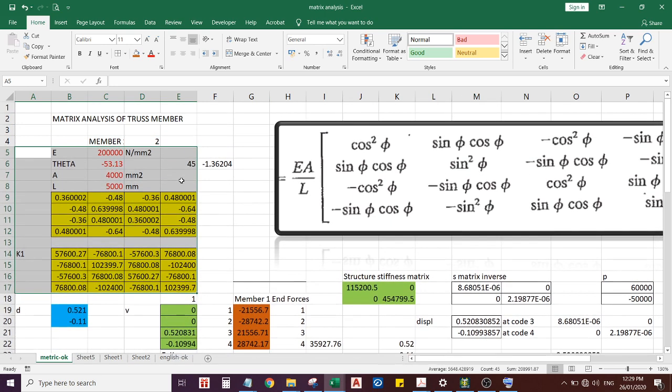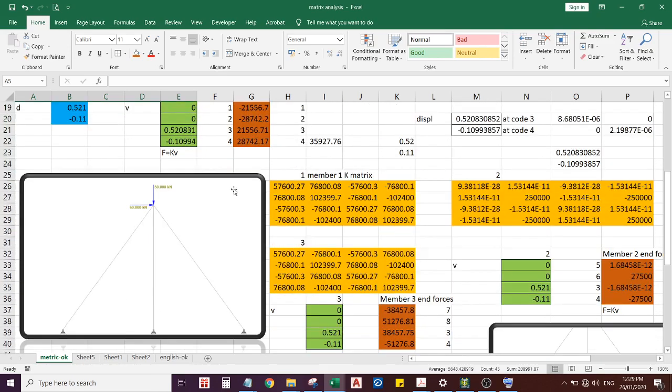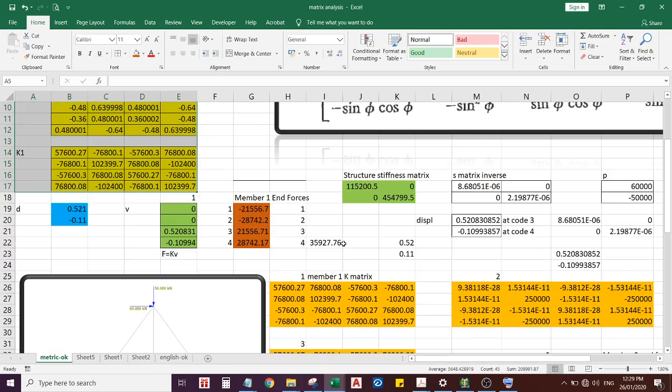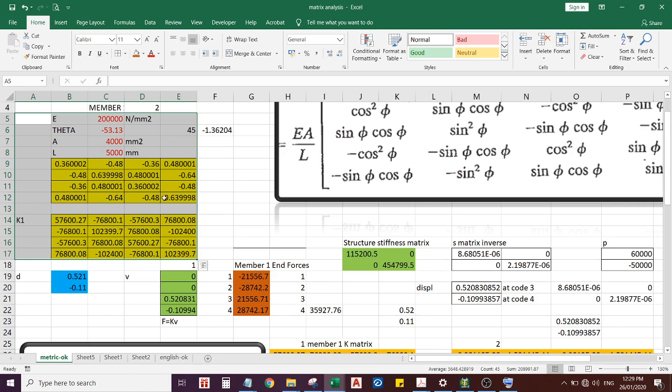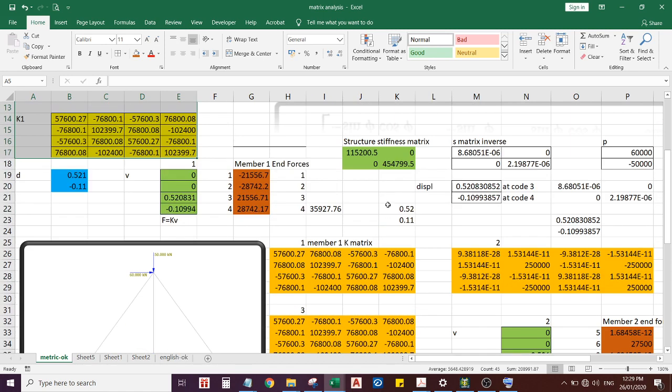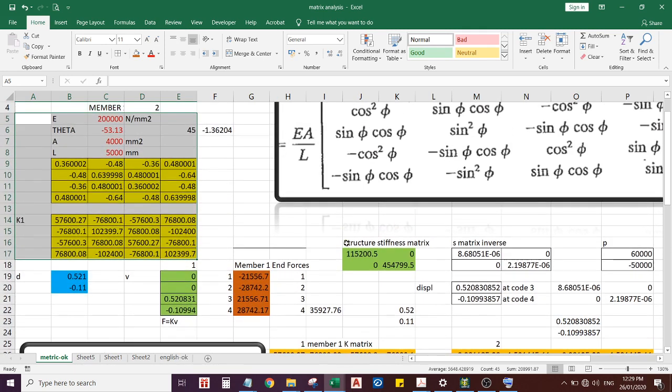It's just my easiest way to create the structure stiffness matrix. So it's your discretion to create a different block for each member. For example, if you have 4 members, you will be doing this repeatedly 4 times.